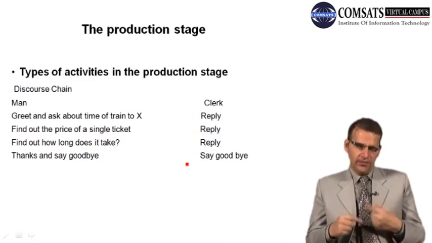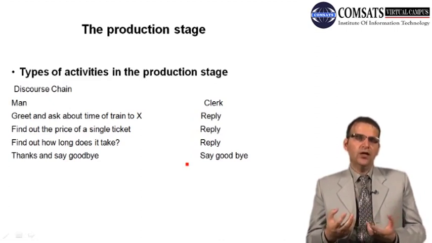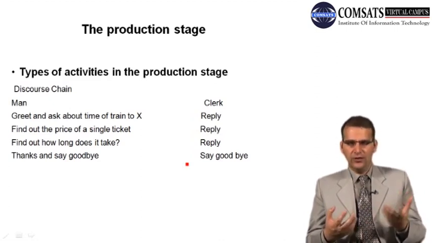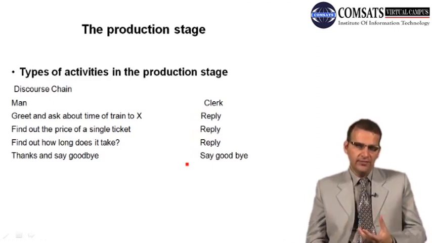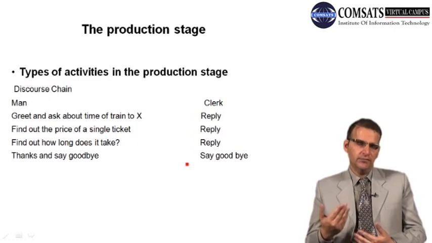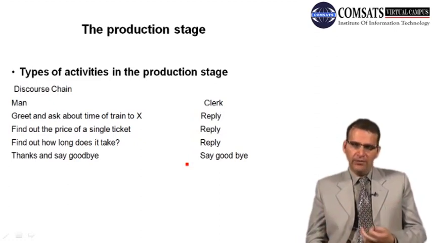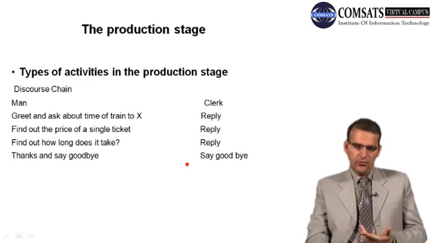"Hello, assalamu alaikum, I'm the customer, I want to go to Lahore or Karachi. Could you tell me the train timings for Lahore?" "Sure, why not? Our first train leaves at 9 in the morning, the next at 7." "Okay, then how much for the single fare?" This can be a discourse chain.